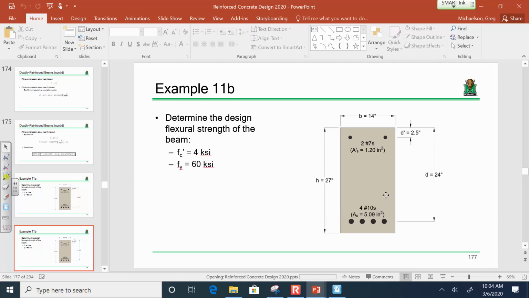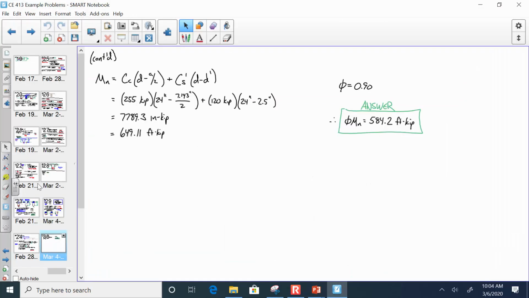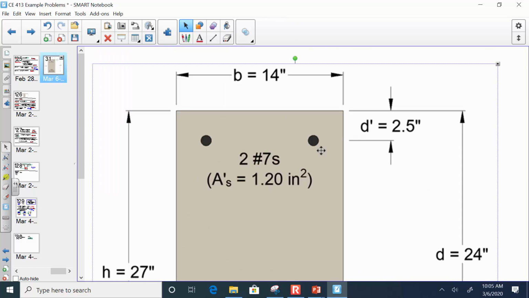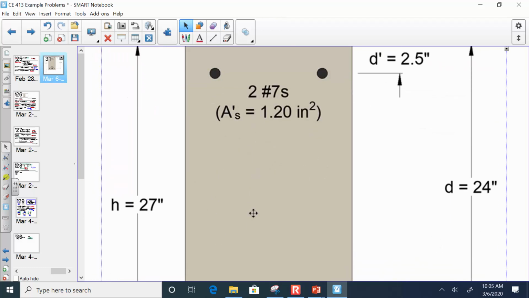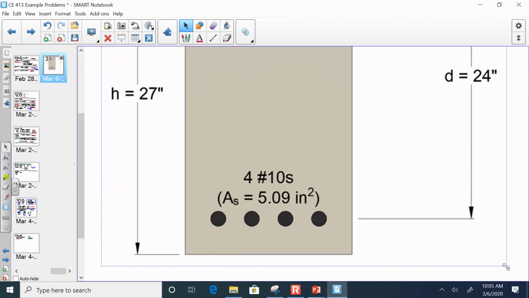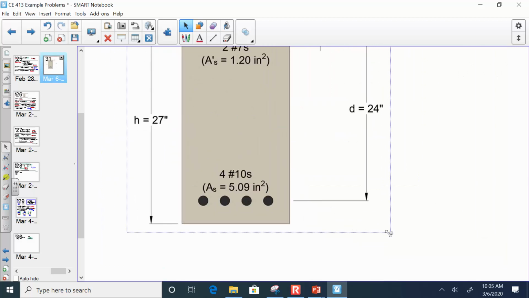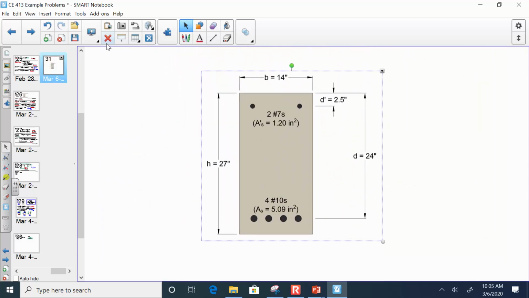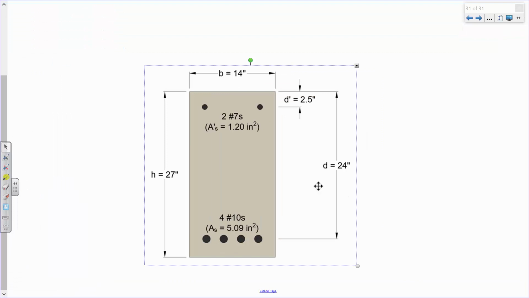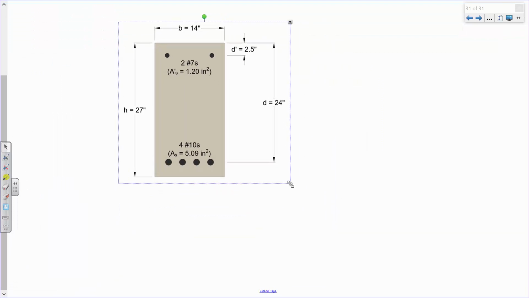Let me get the lights adjusted. Okay, so here's the beam.